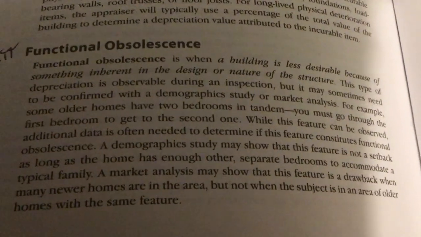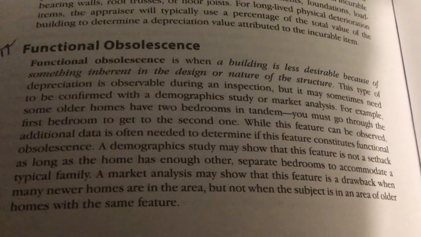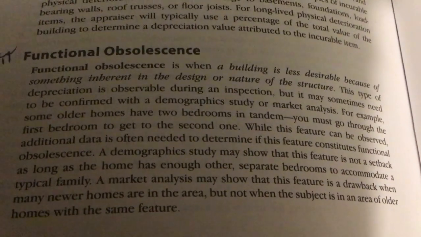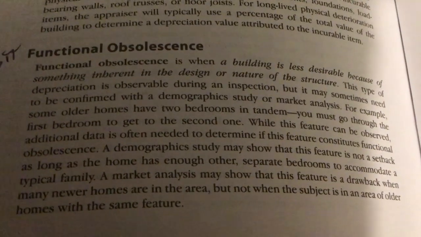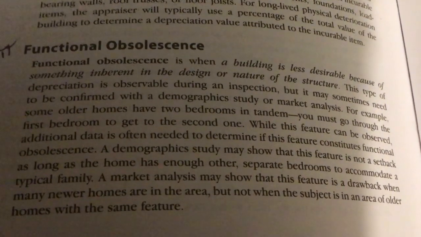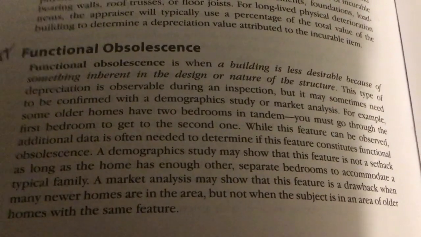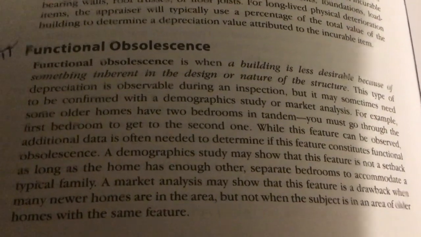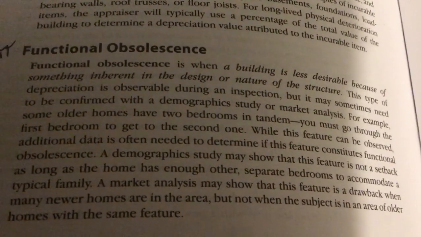This type of depreciation is observable during an inspection, but it may sometimes need to be confirmed with a demographic study or market analysis. For example, some older homes have 2 bedrooms in tandem. That's another example. You must go through the first bedroom to get to the second one. That's an inconvenience. That's a functional obsolescence.